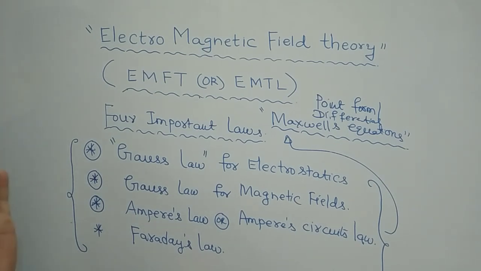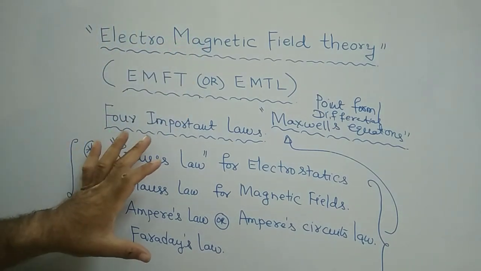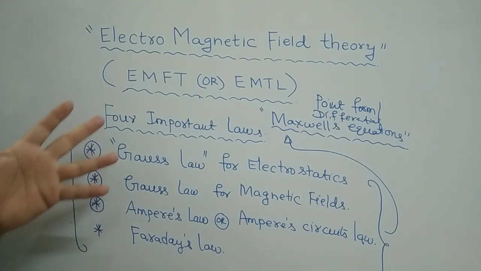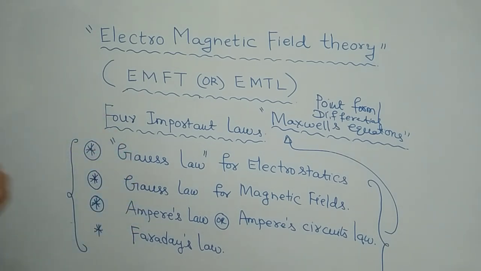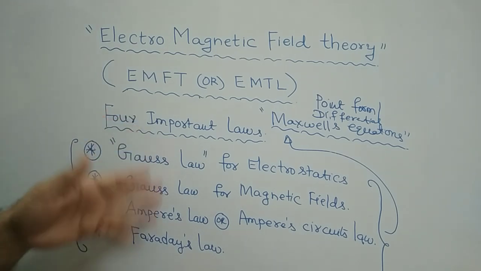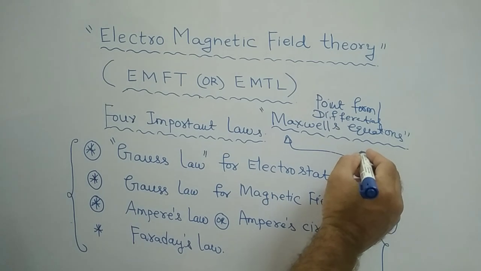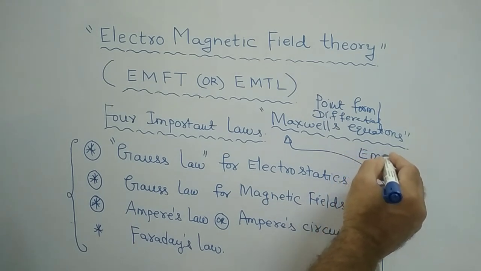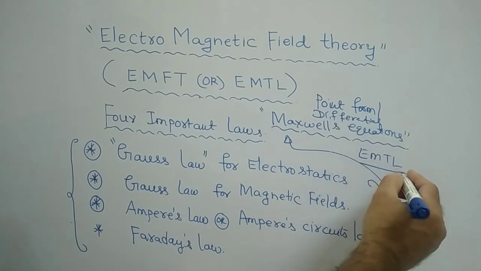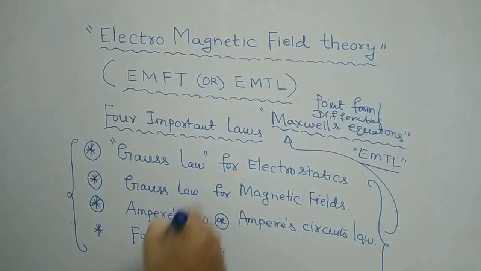For the time being, just remember that your EMTL is nothing but the combination of these four laws. If you know these four laws, then obviously you are very much familiar with your electromagnetic field theory subject, right?